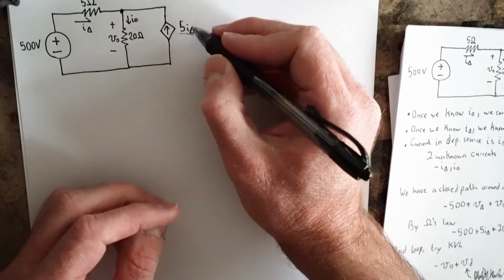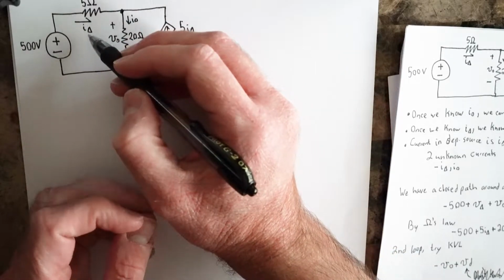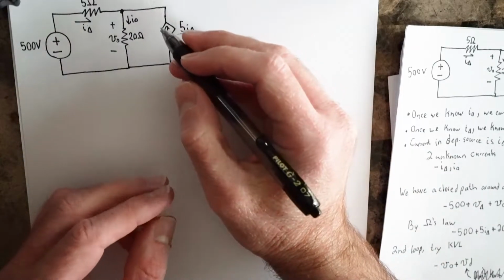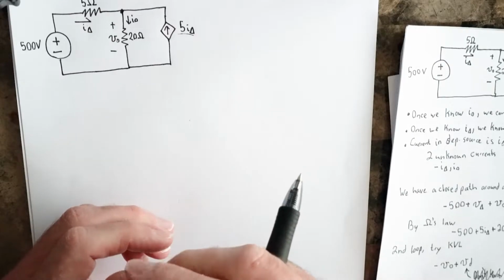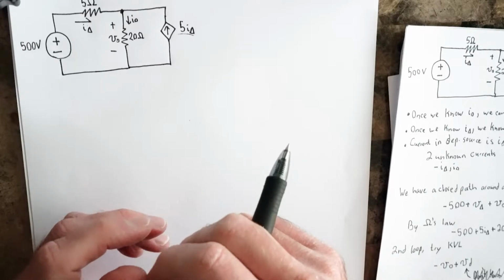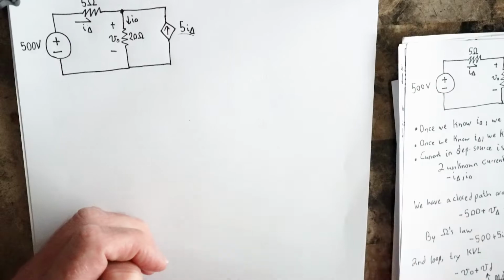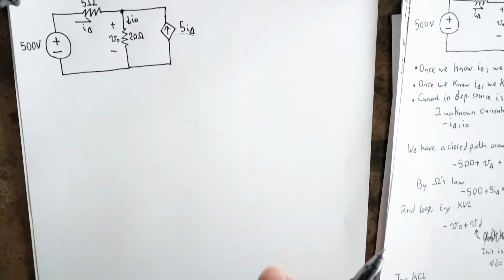In this case, this current source is a function of I delta, or I triangle, whatever you want to call it, but otherwise looks relatively similar to our other circuit. So again, before we begin, I want you to pause this video and take a crack at this.